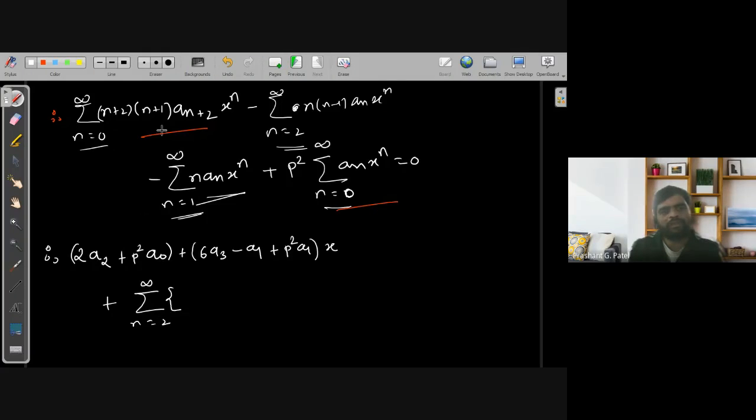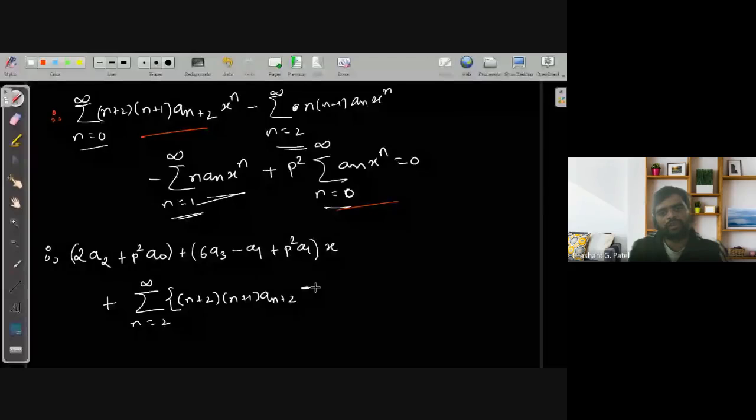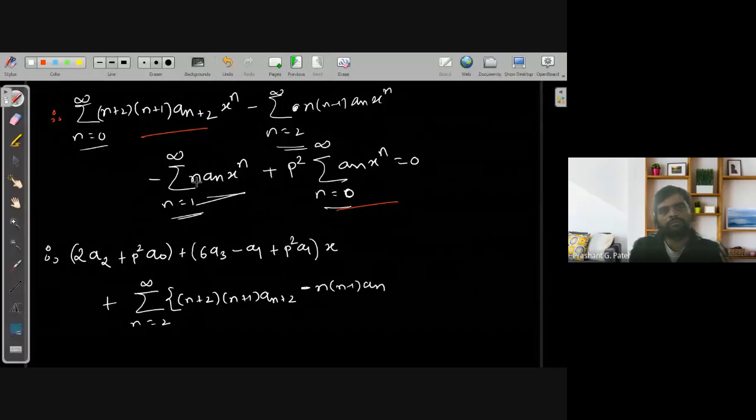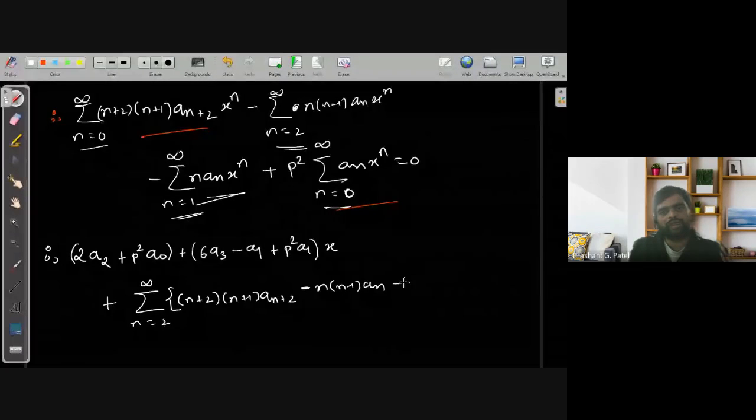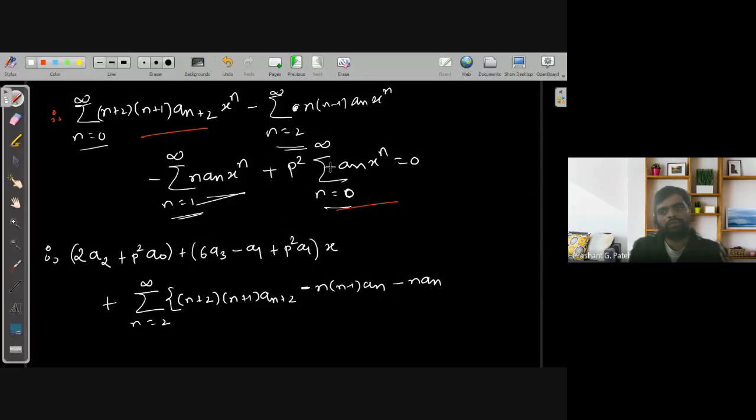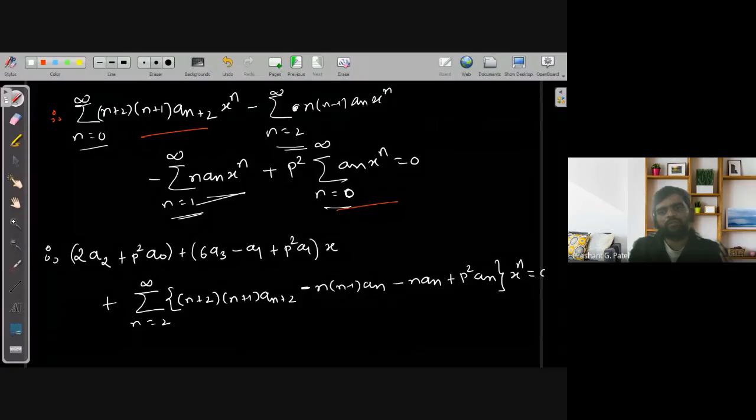Inside the bracket we have a n plus 2 into n plus 2, n plus 1, minus n into n minus 1 a n, minus n into a n, and plus p square a n, into x power n, equal to 0.